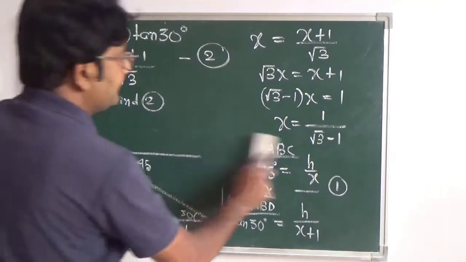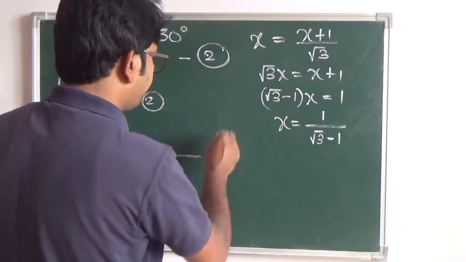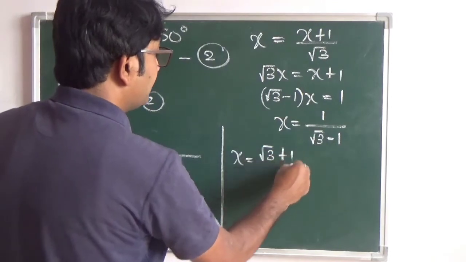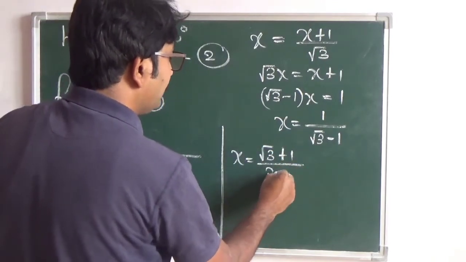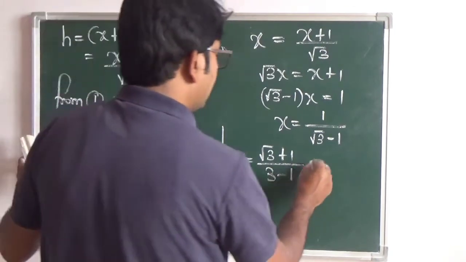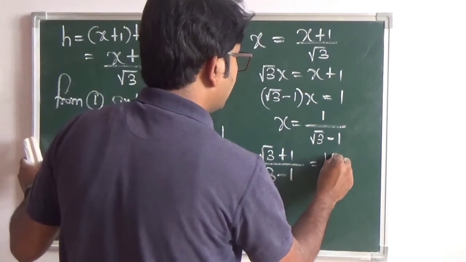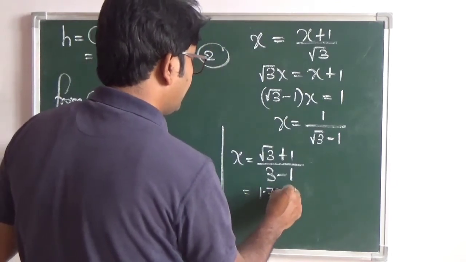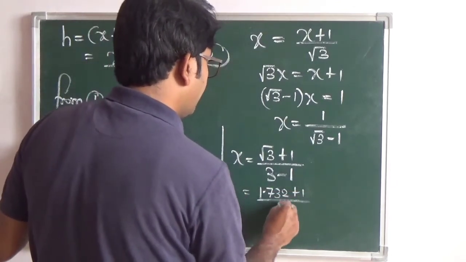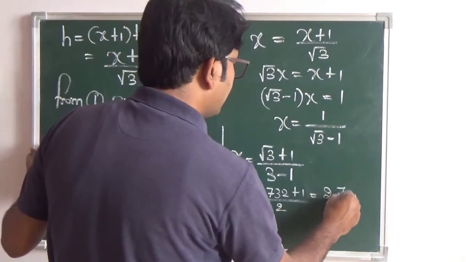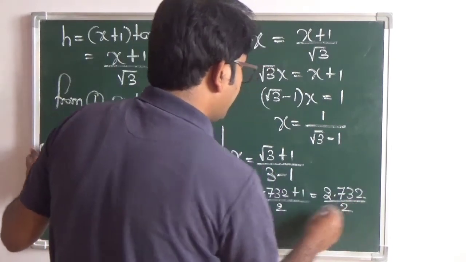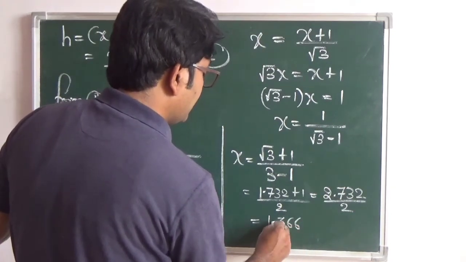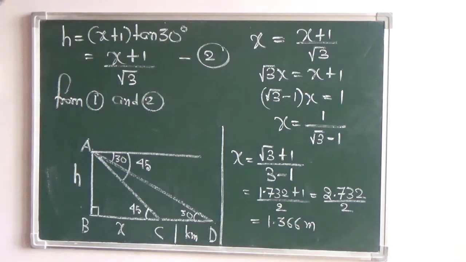Now you have to solve this. This X we have to rationalize, that becomes root 3 plus 1 by 3 minus 1. So that comes to 1.732 plus 1 by 2, that is 2.732 divided by 2, that is 1.366 kilometers.